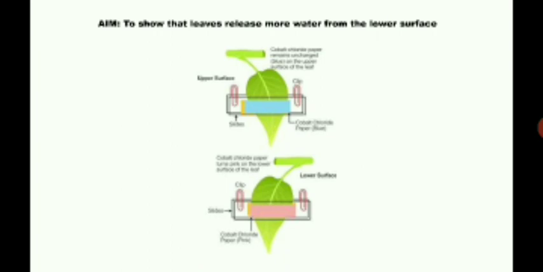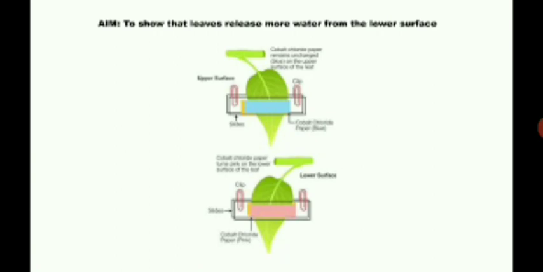Dry cobalt chloride paper is otherwise blue in color. So what we do here, we take a leaf which is attached to the plant. We place thin strips of cobalt chloride paper on both the lower and upper surface of the leaf and cover the paper with glass slides and fix the glass slides with the help of a clip.